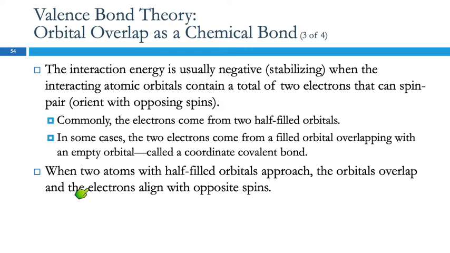So we've got 2 atoms that have half-filled orbitals. As they approach, those orbitals will overlap and the electrons will take on opposite spins. So an electron has a spin, but its spin can change, right?